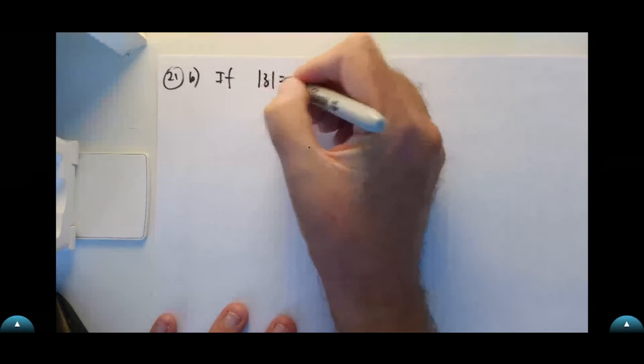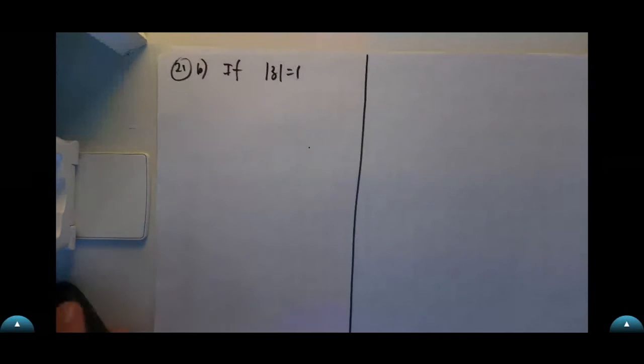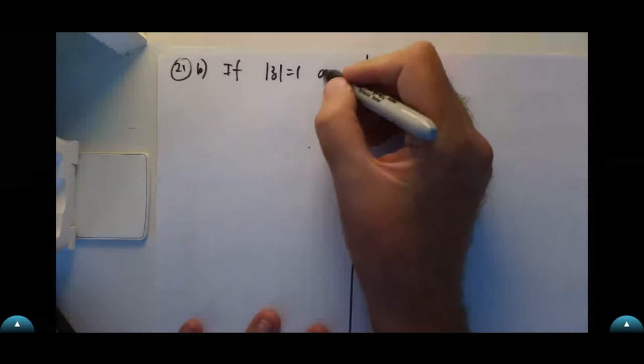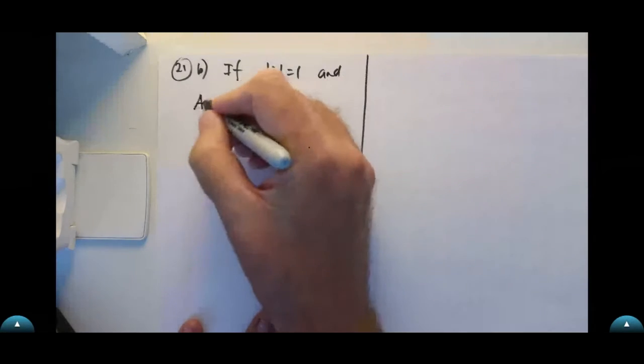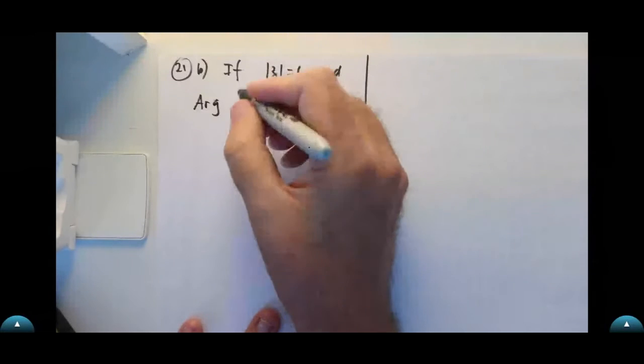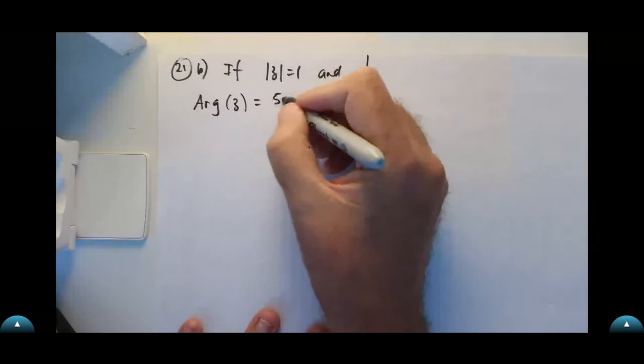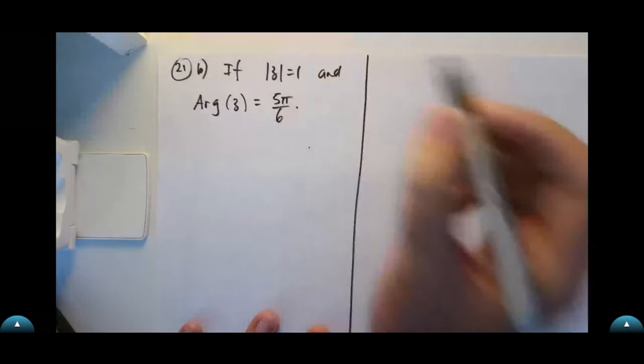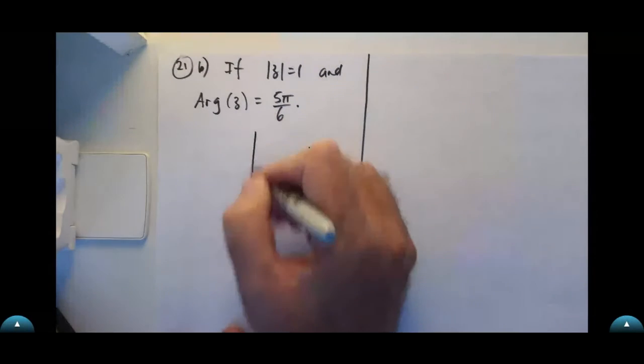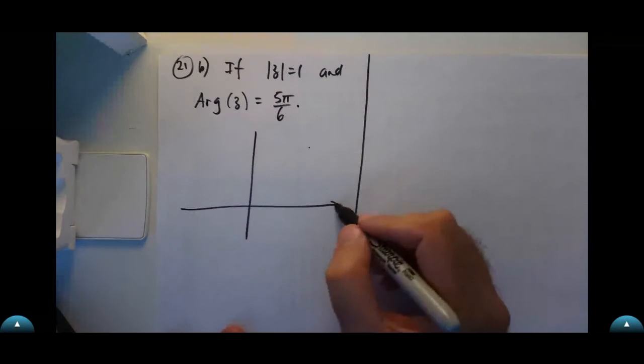So the modulus is equal to 1 and the principal argument is 5 pi on 6. Why don't we just draw a quick picture?